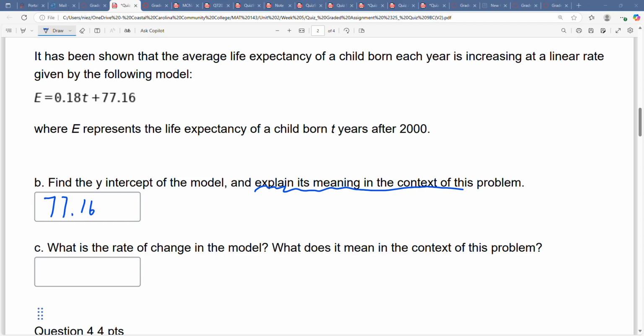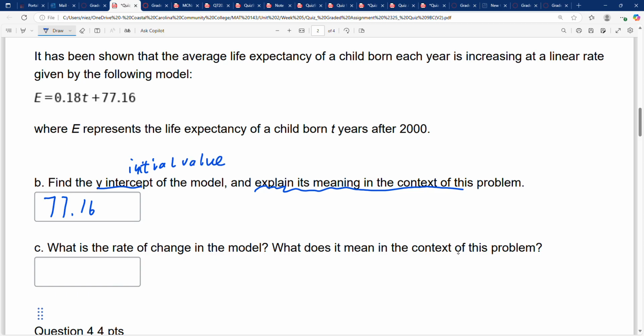Since this question asks you to explain the meaning also, do not just write a number there. Many of you just wrote a number. Another term we use is the initial value: y-intercept, or the initial value.